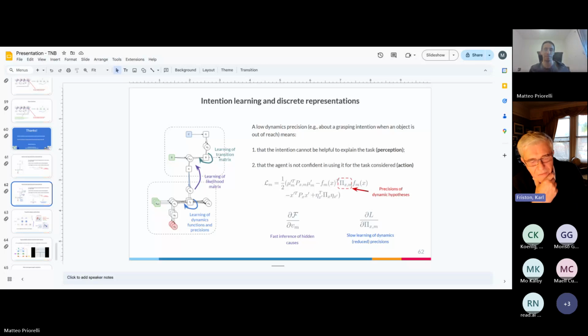So having that dynamics on precisions, even at the level of the continuous motor control part of it, is absolutely essential. A biological example here would be with saccadic eye movements.